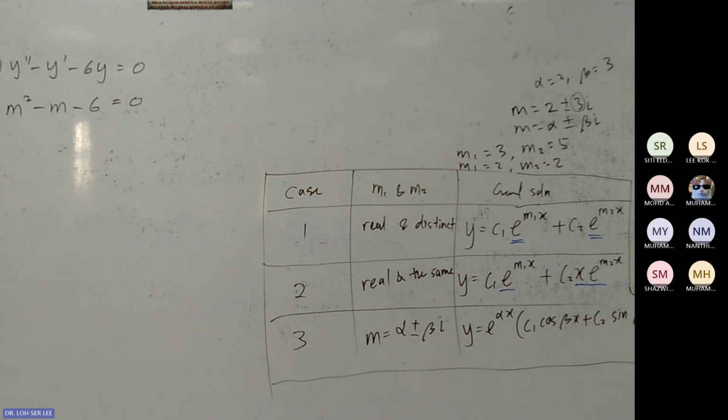M squared, minus 1, minus 6. So M1 is 3, X1 is 1, X2 is 2.